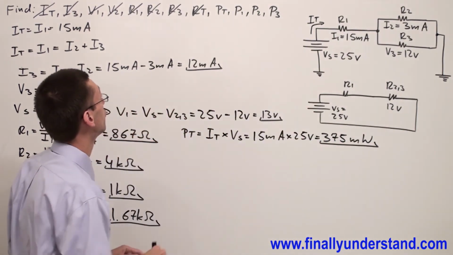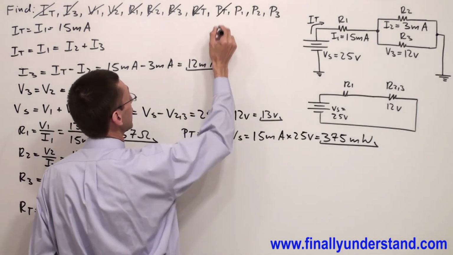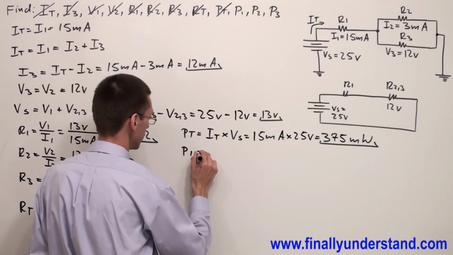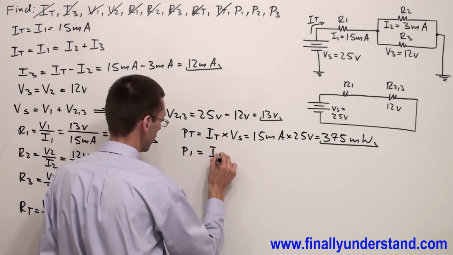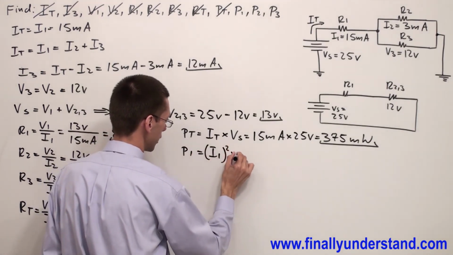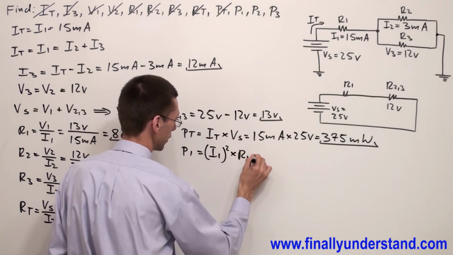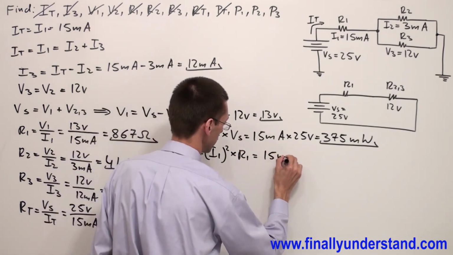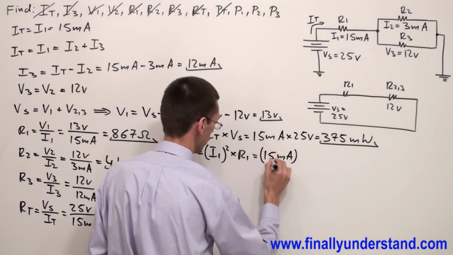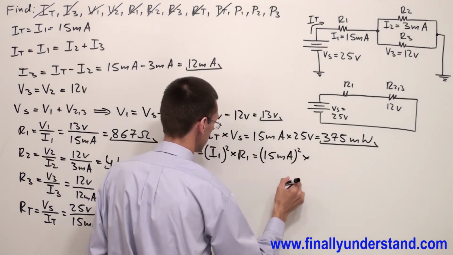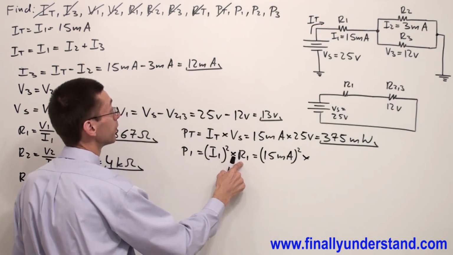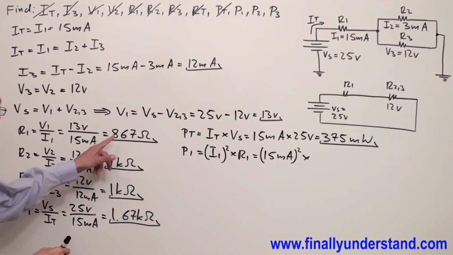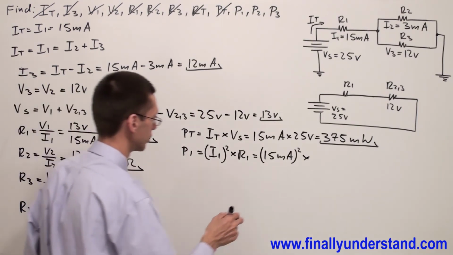Next, we're supposed to find the power at resistor R1. So I have P1 is equal I1 squared times R1, where I1 is equal 15 milliamps raised to the second power times R1, which is equal 867 ohms.